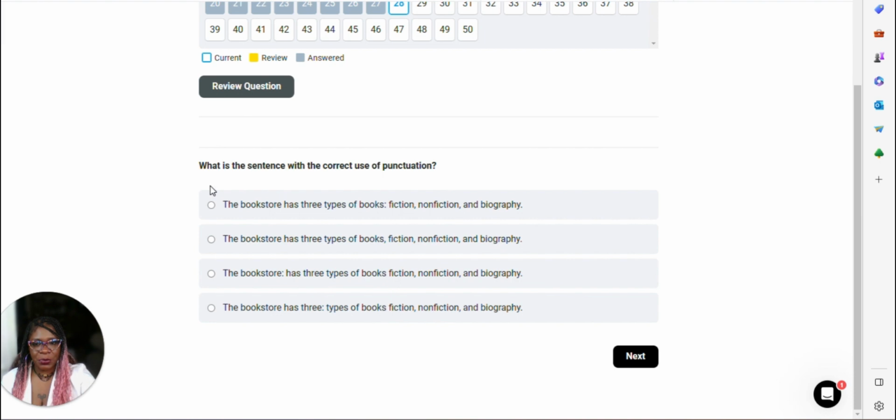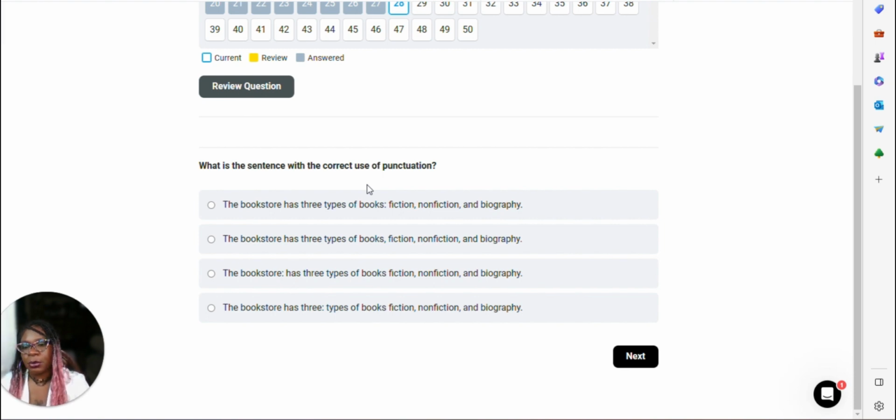All right, number 28. What is the sentence with the correct use of punctuation? Is it, the bookstore has 3 types of books: fiction, nonfiction, and biography, with a colon in between? Is it, the bookstore has 3 types of books, fiction, nonfiction, and biography, with just a comma?